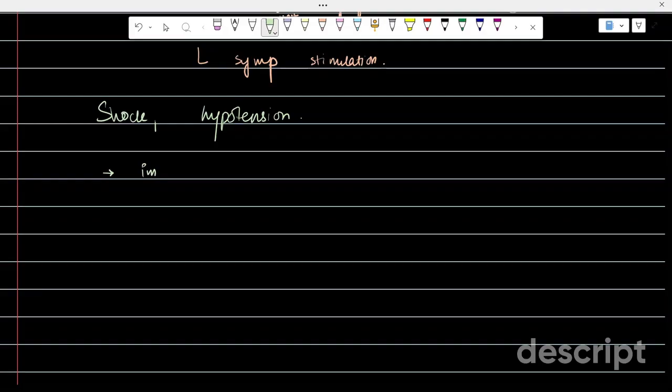The most immediate response is via the baroreceptors. The most potent or most important response is via the CNS ischemic response. When blood does not go to the brain, it will generate a response and increase blood pressure.